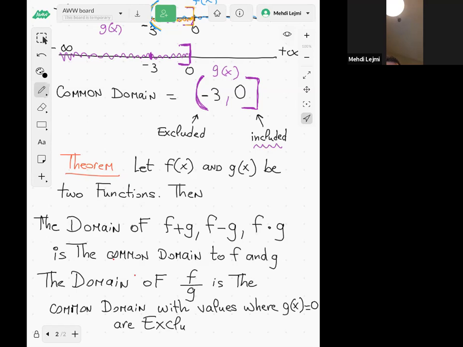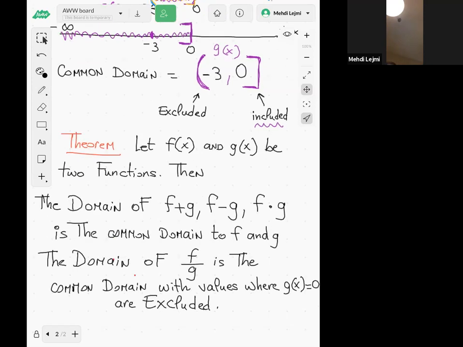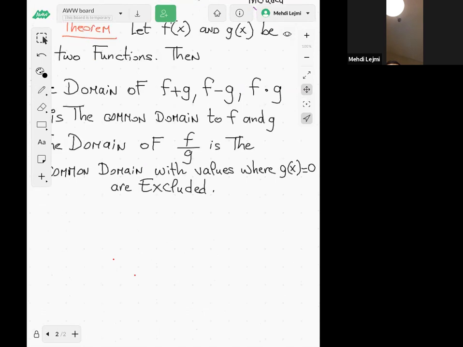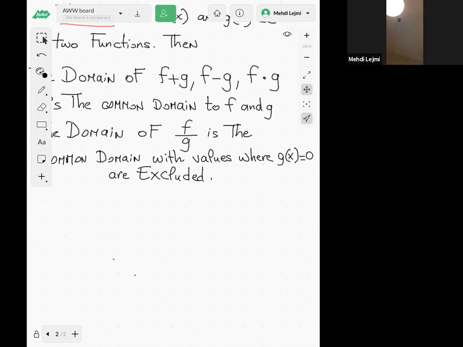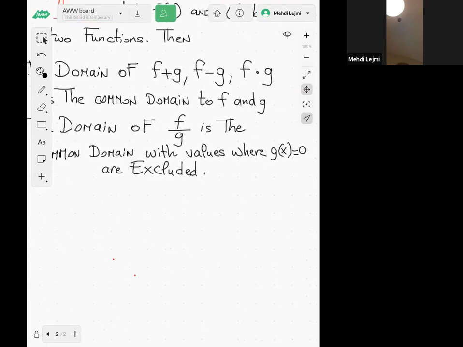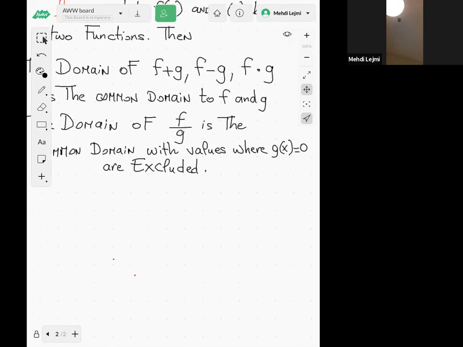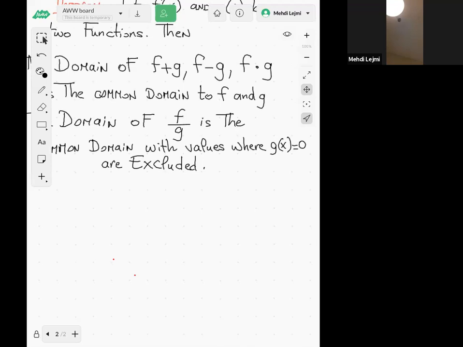You take the common domain and you exclude the values where g of x equals 0, because we are not allowed to divide by 0. That's the only difference with the domain of f plus g, f minus g, f times g. So for f over g, you have to find the common domain, but then in the final answer, you have to exclude the values where the denominator is 0.